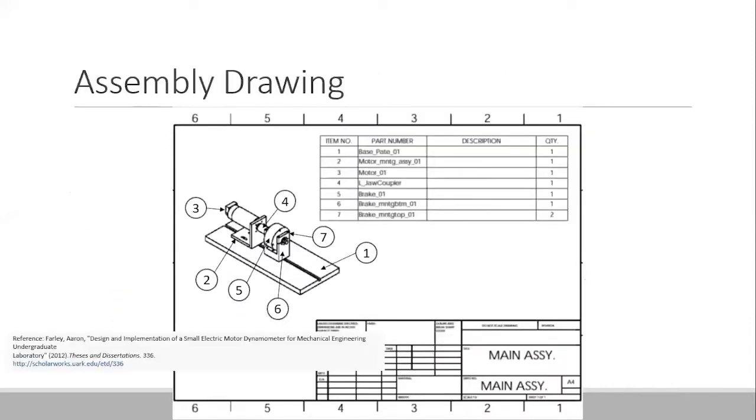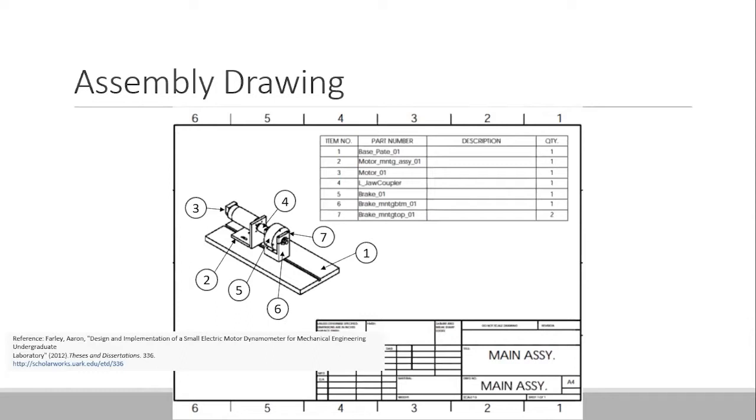Along with the component drawings, you should have sub-assembly drawings and assembly drawings. So this is a top-level assembly, which basically shows the label for each individual component. Now, here I'm not showing any individual details of the individual components, but what I'm showing here is a bill of material. As you can see in the top right corner, there is a table which contains the item numbers, the labels, what is the part number, what is the description.